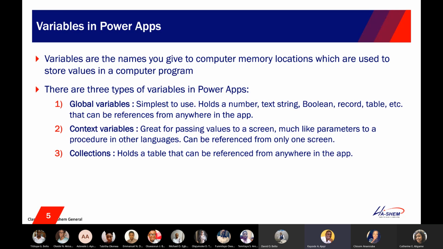So just for background knowledge, what are variables? Variables are names you give to computer memory locations which are used to store values in a computer program. If you go back to your basic English, when they say something is variable, it means it's not constant. It means it can change.